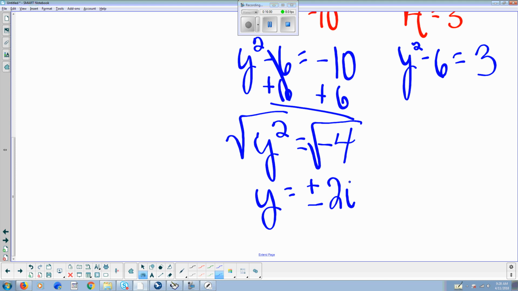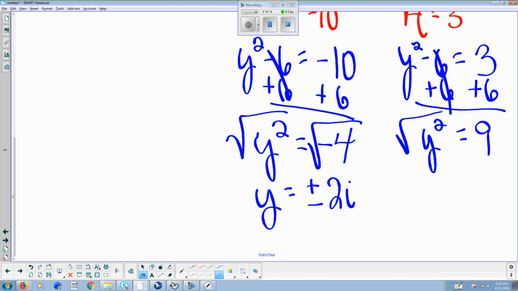There's your first set of solutions: 2i and negative 2i. Your second set of solutions comes from this. Add a 6 to both sides. y squared equals 9. Take the square root. y equals plus or minus 3.